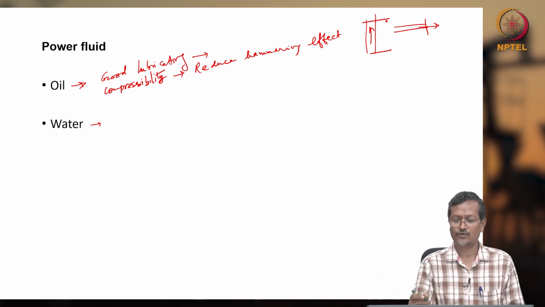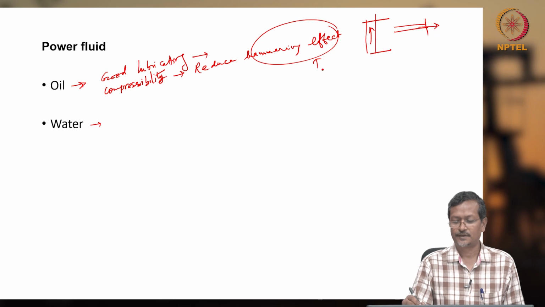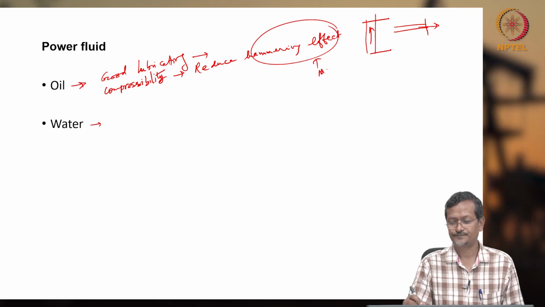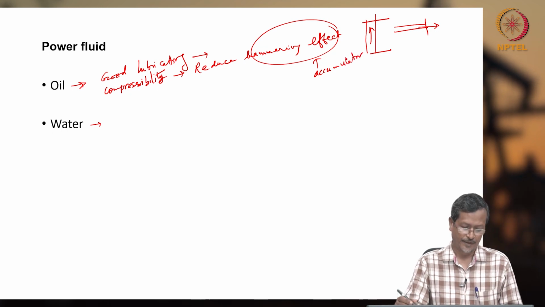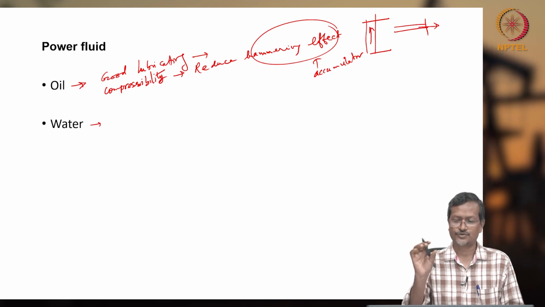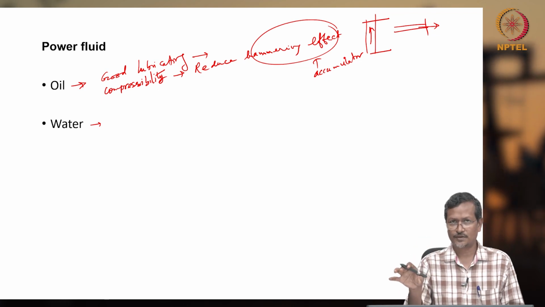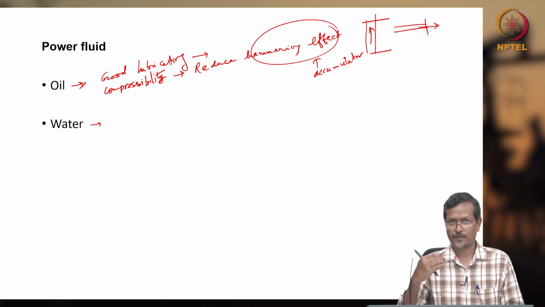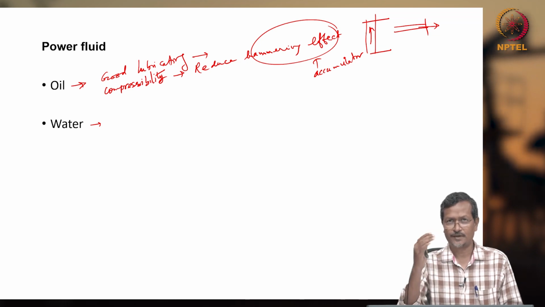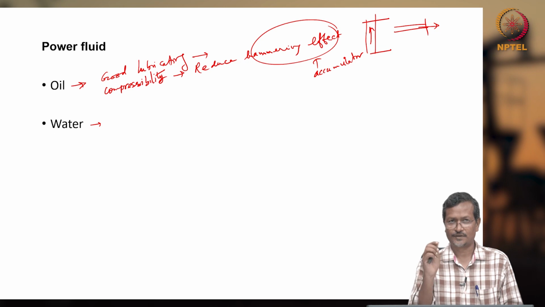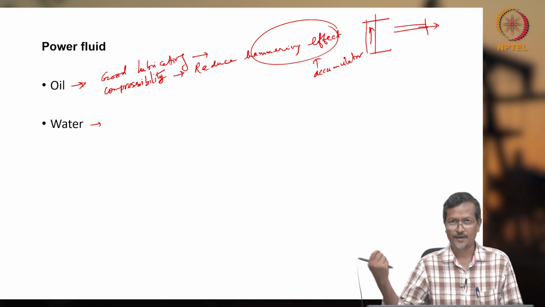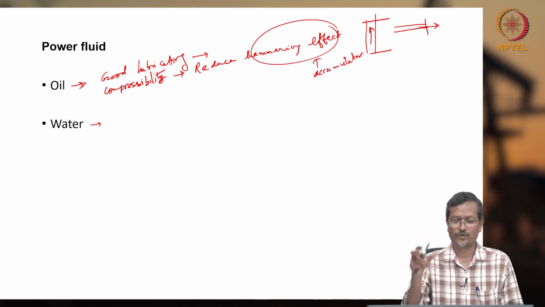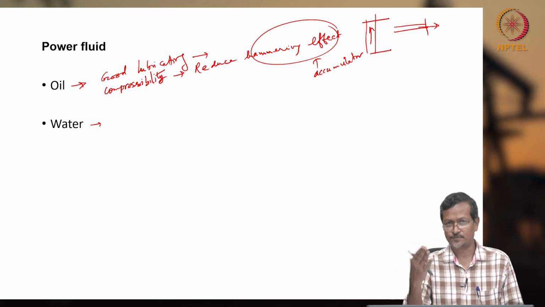To avoid a hammering effect, normally people will have an accumulator, or some extra arrangement for such control, so that whatever pressure pulse is there because of the fluid momentum can be reduced, or diverted to another piping or tubing, so that the whole system will not get broken or have leakage or bursting.